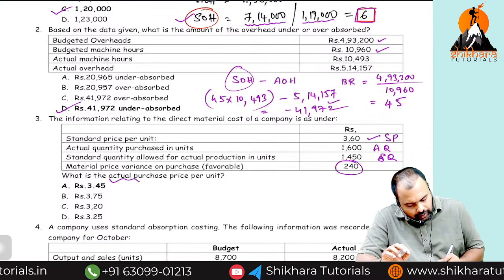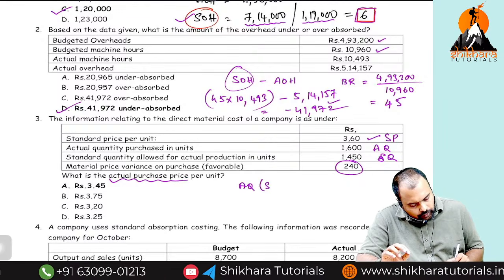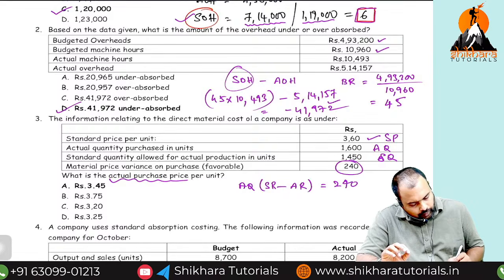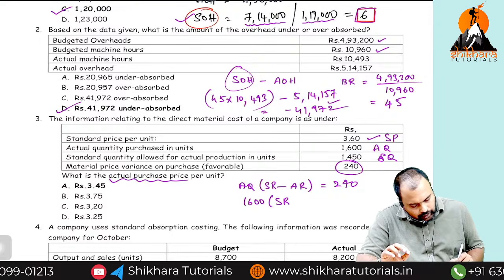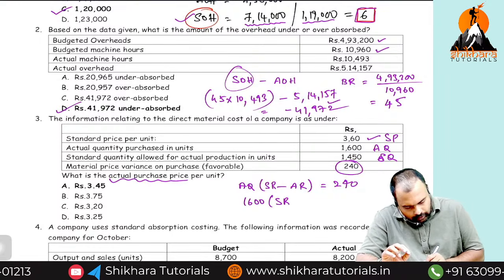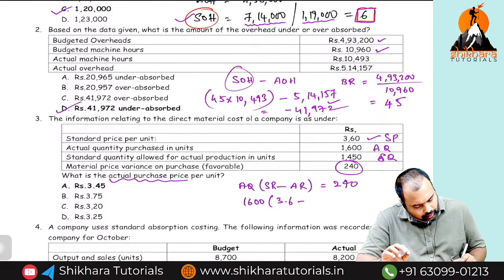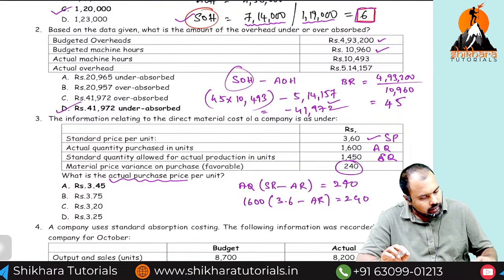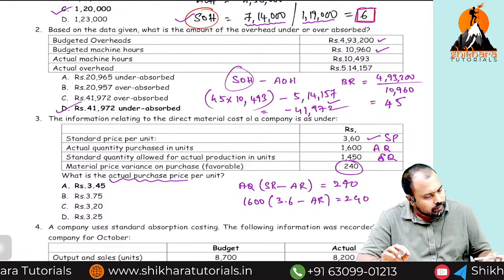Now what is actual price? So we know that what is price variance? Actual quantity into standard rate minus actual rate is equal to 240. That implies 1600 into standard rate. Standard rate is 3.6. 3.6 minus actual rate we are supposed to find out from 240. So it has to be 240 divided by 1600.